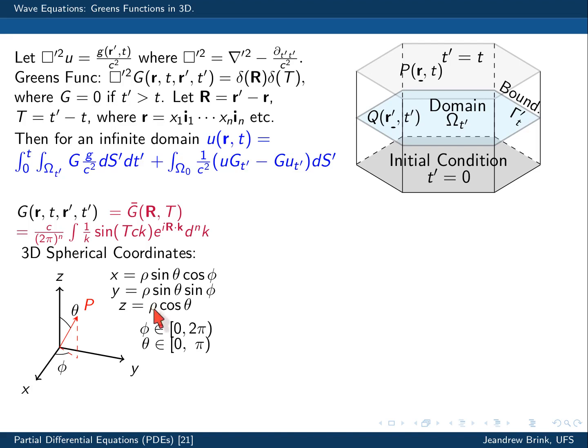And the projection of your vector onto the z-axis is just rho cos theta. So that's just that distance over there. And then we have our phi and theta with this domain.